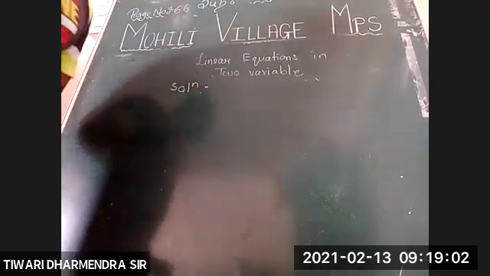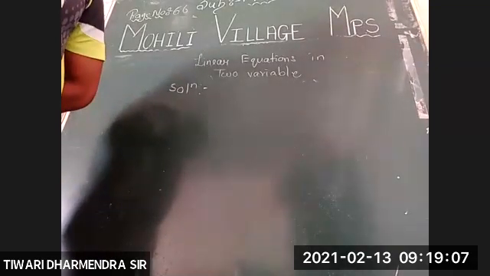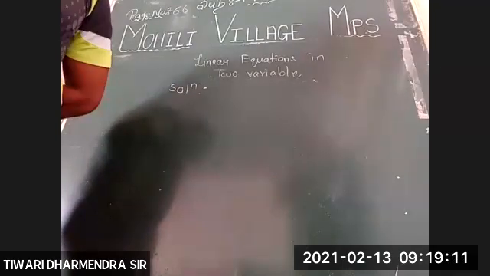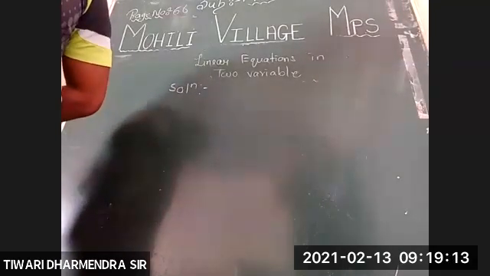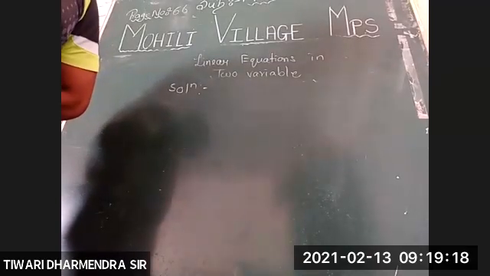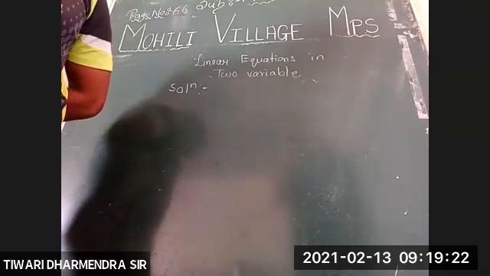You can open your page number 83. Sum of the ages of mother and son is 45 years. If son's age is subtracted from twice of mother's age, then we get answer 54. Find the ages of mother and son.